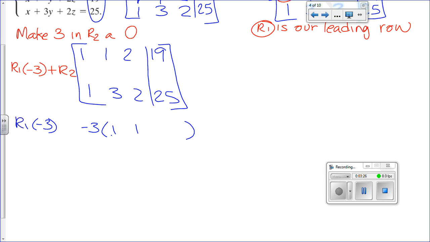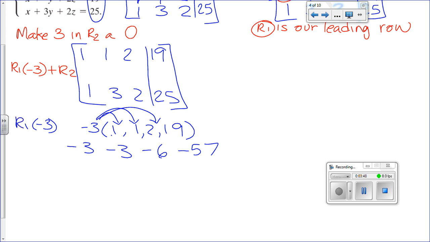R1 is 1, 1, 2, 19. We multiply that by negative 3, and we will get negative 3, negative 3, negative 6, and negative 57. This looks like a 12, but it's just 1, 1, 2, 19. I just distributed the negative 3.